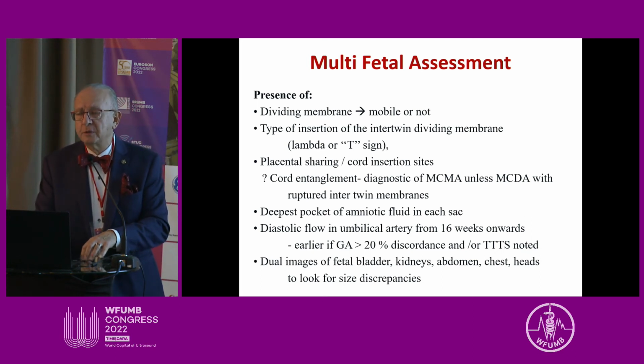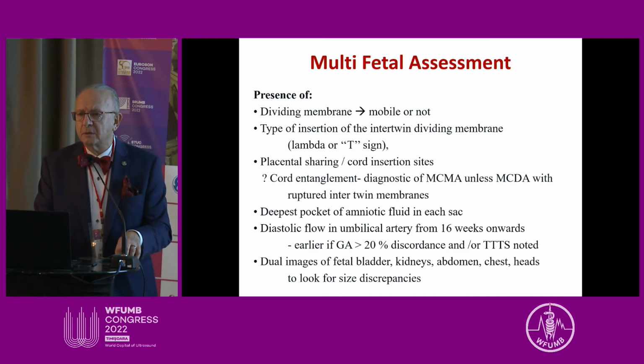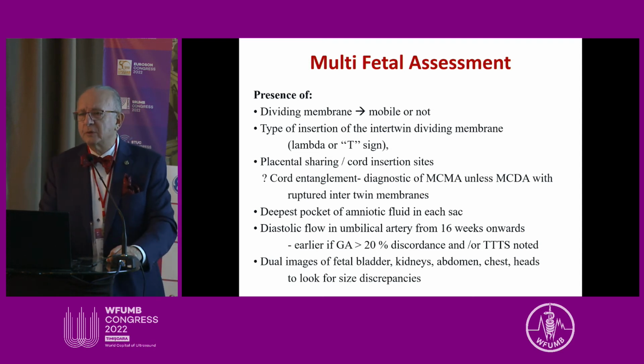And the second question, which really is the first question, what is growth discordance? When do you call it discordant twins? There are various definitions. In the past, we used to say it has to be a 25% difference in the estimated fetal weight. I think that if it's 20%, we tend to say 20% is enough to call it a weight discrepancy.